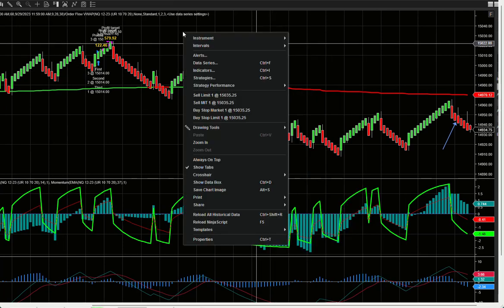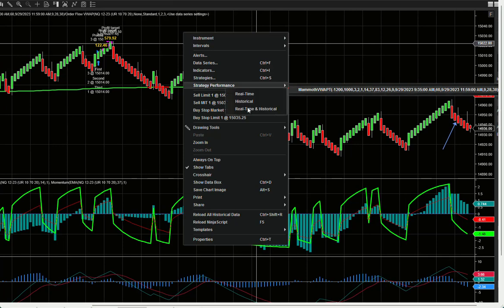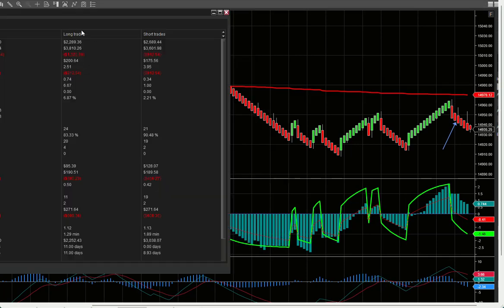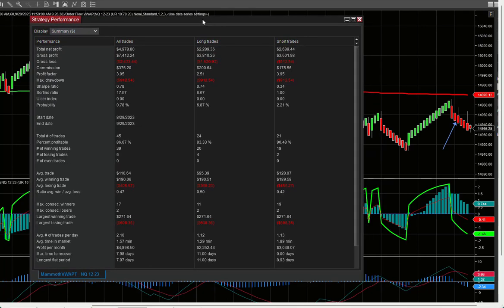Okay, let's just look at the performance from August 29th to September 29th. You're looking at overall 45 trades, 39 winners and 6 losers, and this is important, max consecutive losers, you have 2 in a row, and 17 consecutive winners.